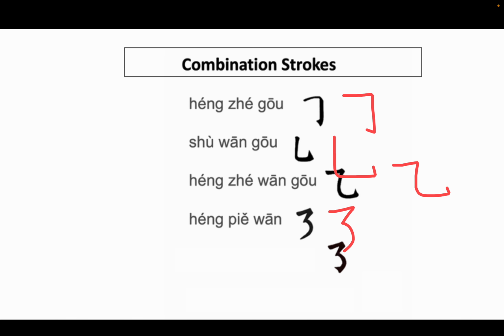So it's very straightforward. 横撇弯钩. Got it? All right. It's pretty straightforward in my opinion. The last one is 横折折钩. Please repeat after me.